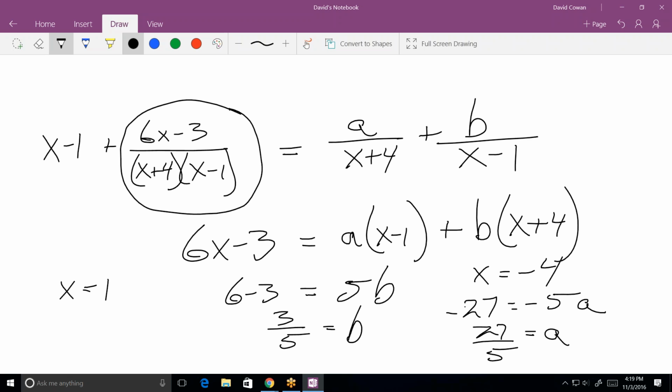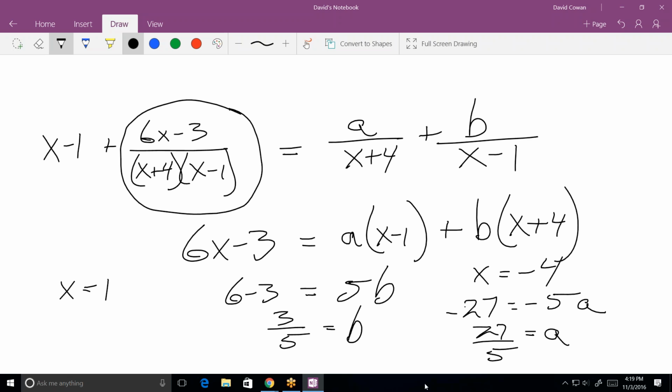I remember these two answers. Oh, what to do with them? Well, no, I mean, I remember this problem. I don't know if it was you or somebody else, but I remember coming up with solutions of 3/5 and 27/5.